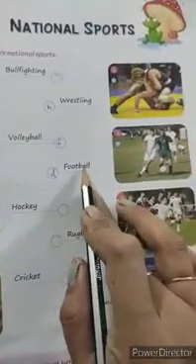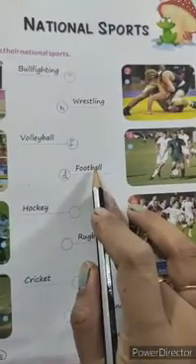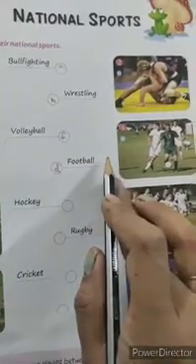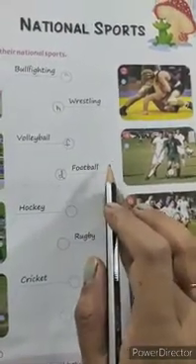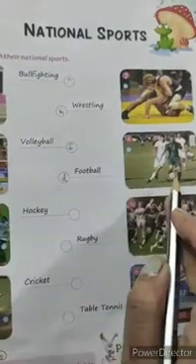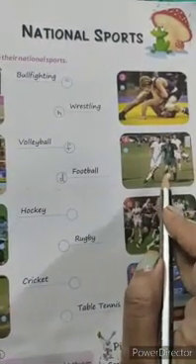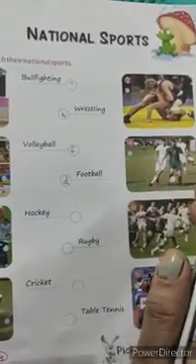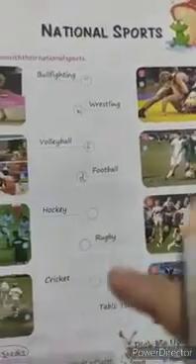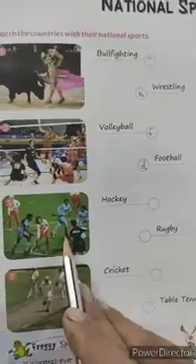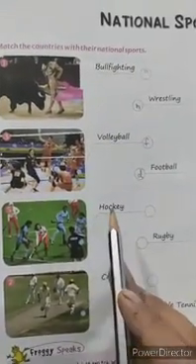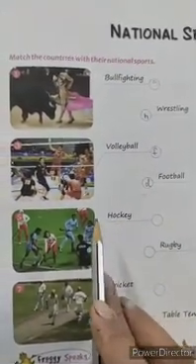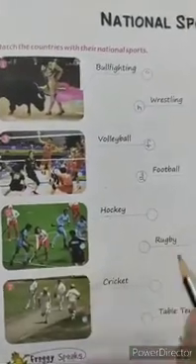Football is a national sport of Brazil. It is also a team sport and it involves, to varying degrees, kicking a ball to score a goal. Each team tries to kick the ball into the other's goal post. Understood? Now, another is hockey. Hockey is a national sport of our country, that is India.